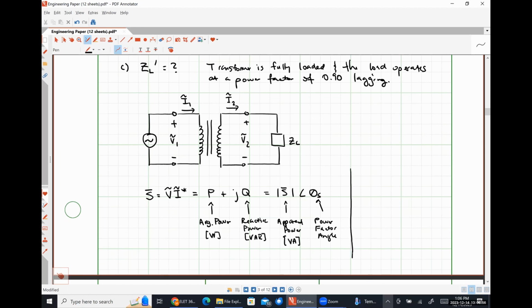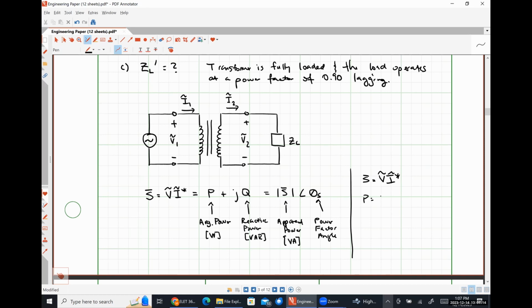Just as a quick aside here on the right-hand side, I can say that S is V times I conjugate.